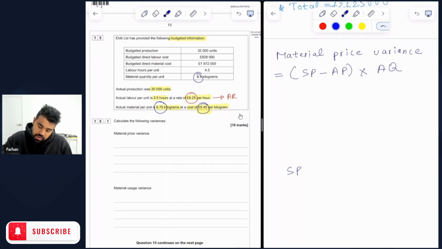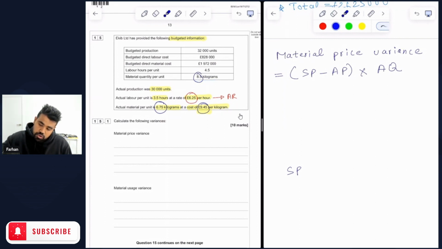The standard price can be calculated by taking the budgeted cost for all direct materials and then also including the quantity that we had budgeted per unit, which was 8.5 kilograms.